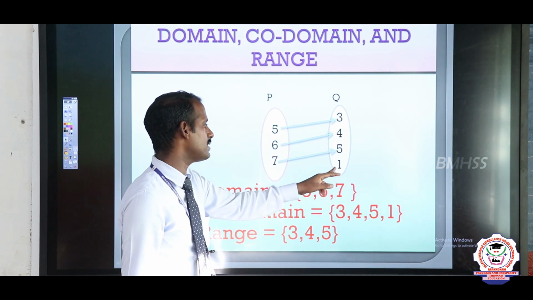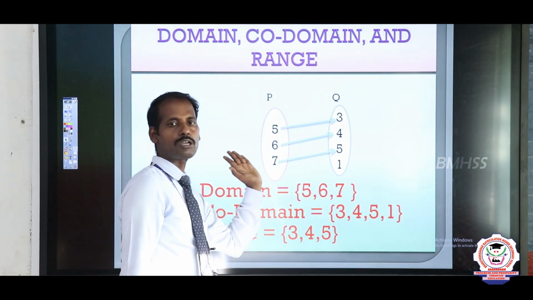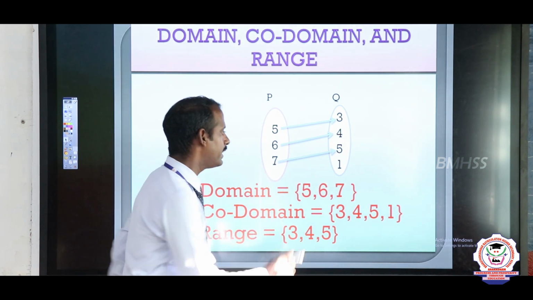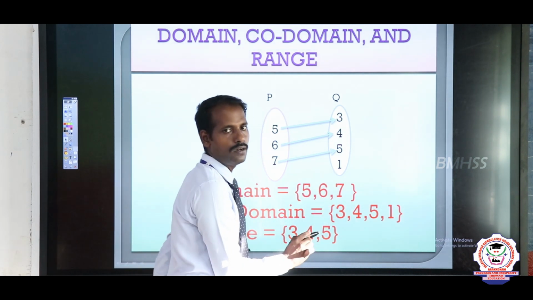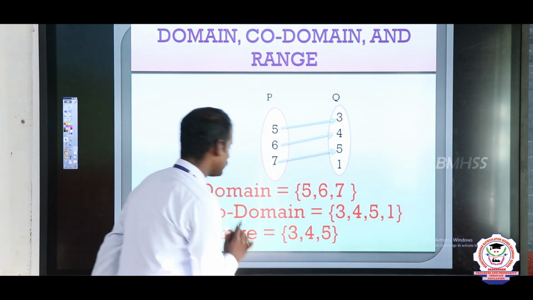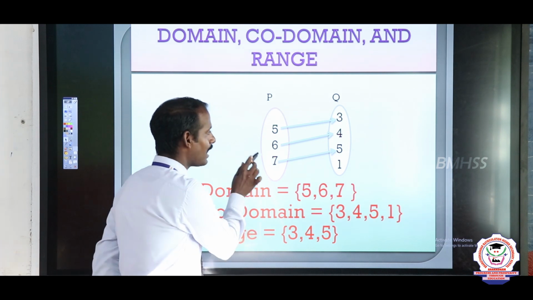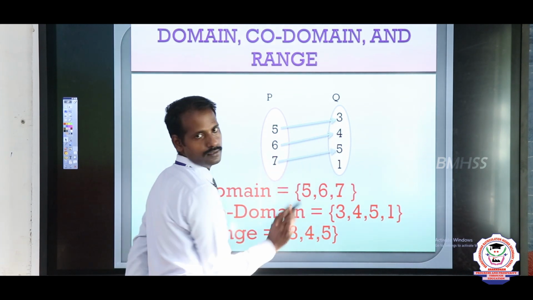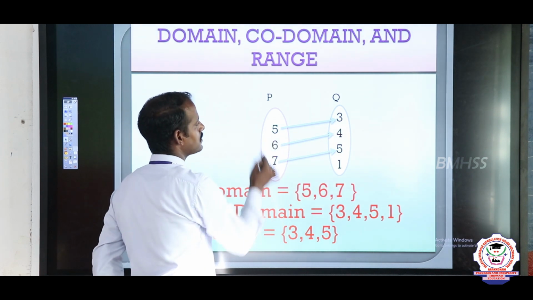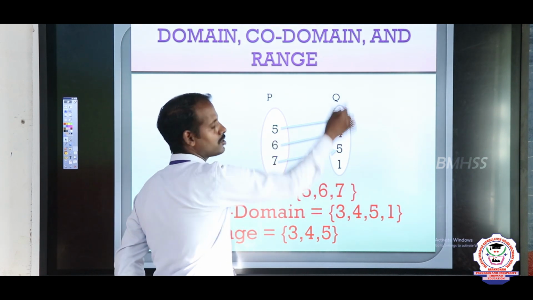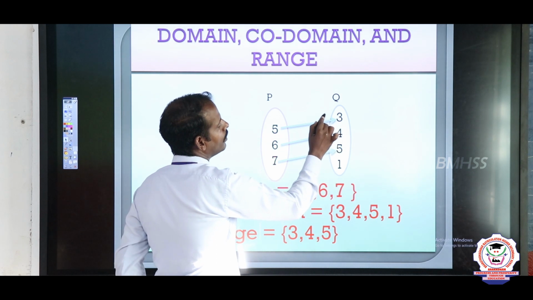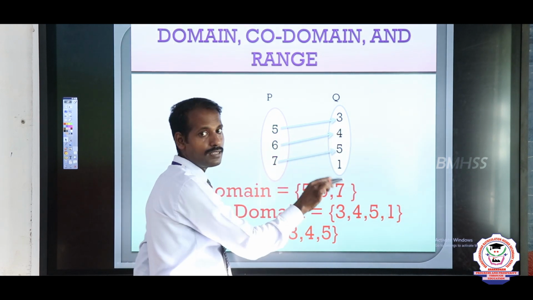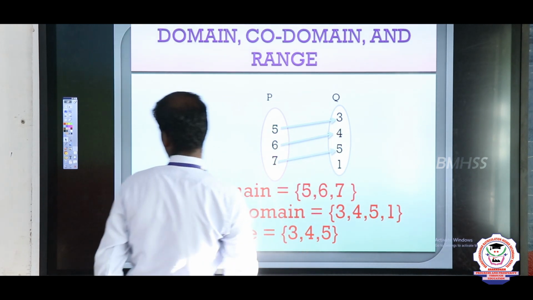Here the number 1 is not related to the domain, but it is still in the codomain. Range: only the elements that are related, so 3, 4, 5. Here the P set is the domain, the Q set is the codomain, and the elements that are related are the range.